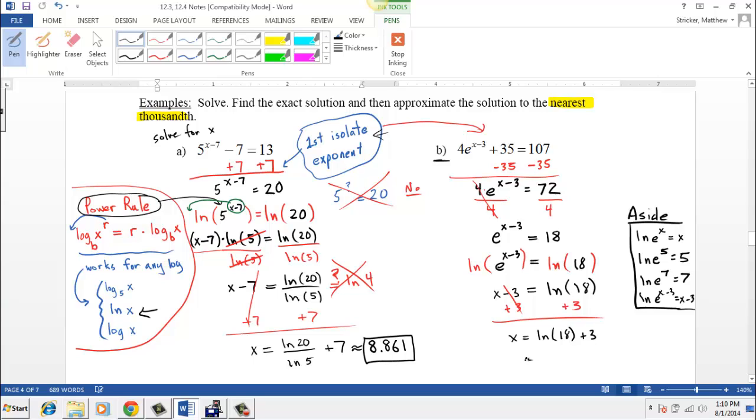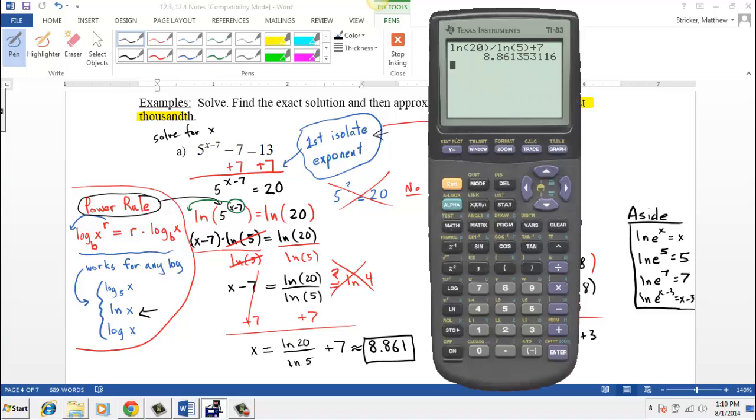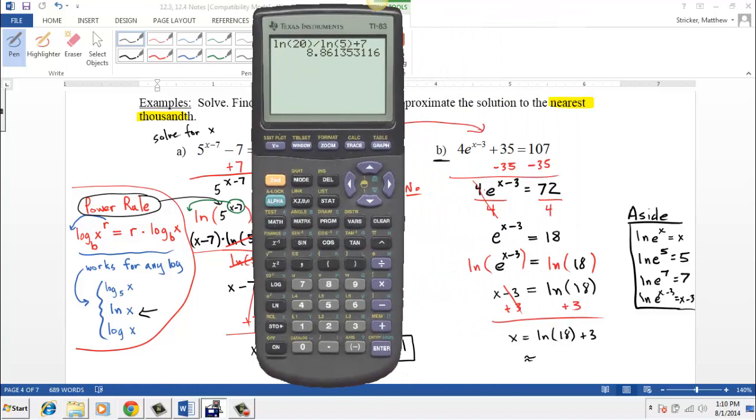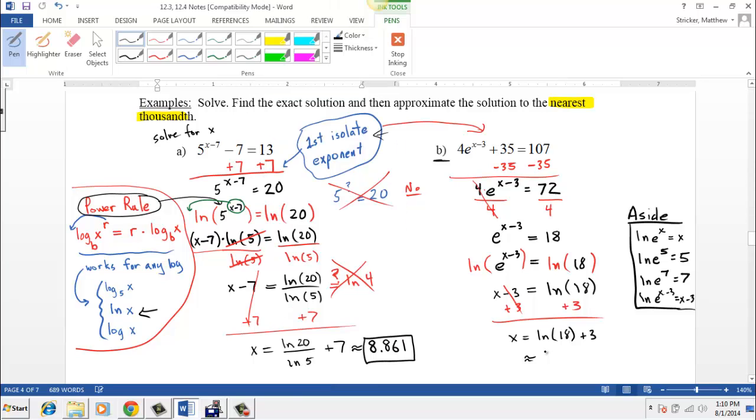And let's go ahead and round that. Let's get an approximate answer. Plug that in our calculators. The natural log of 18 plus 3. We round to the nearest thousandth. It looks like 5.89. That's how we'd solve a problem like that.